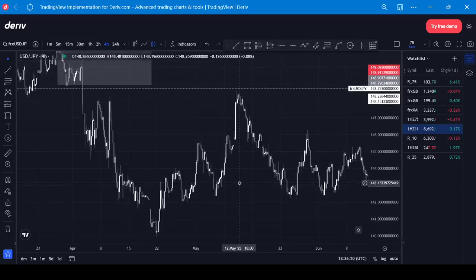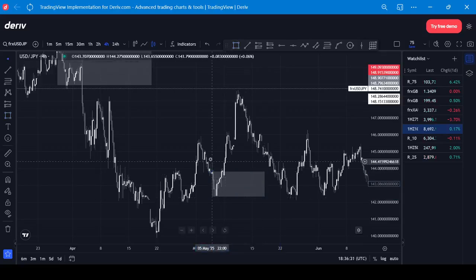Look at this level, you see a consolidation before the price moves up. From here price moved up impulsively very fast. It's telling you that this level is a place of demand. So at this level, people are interested in buying USD JPY.